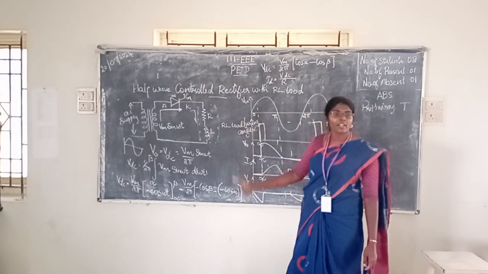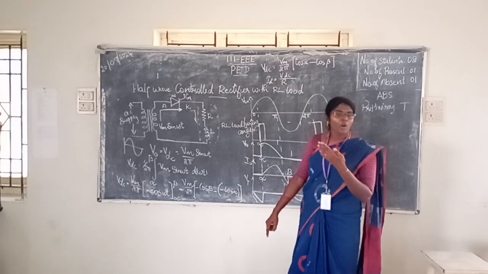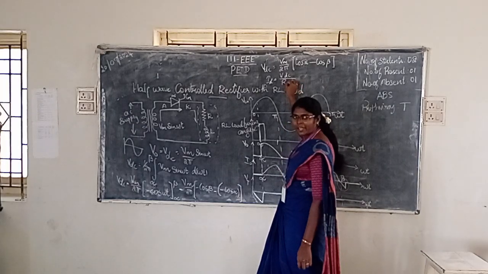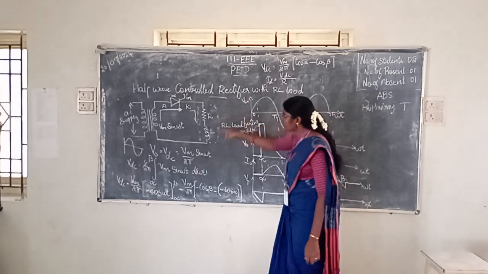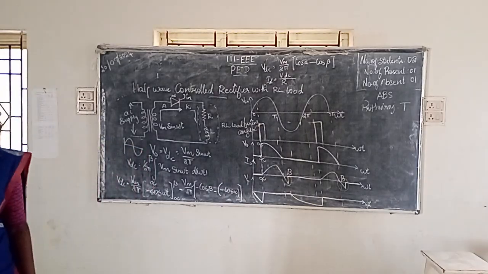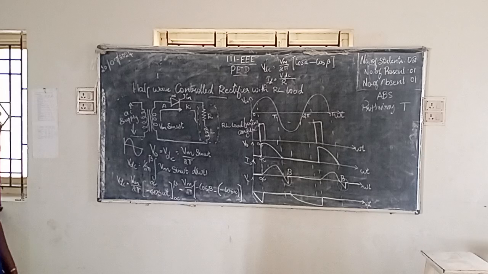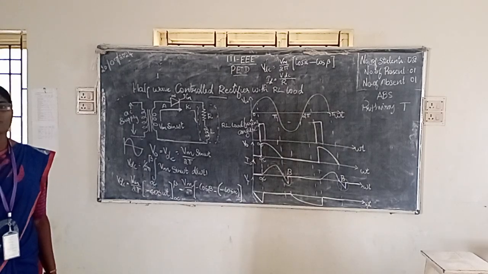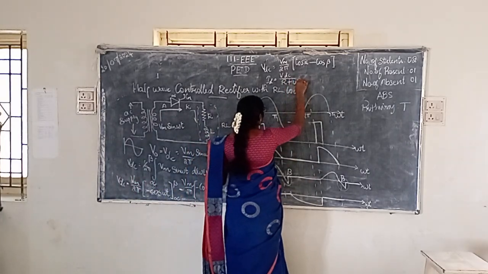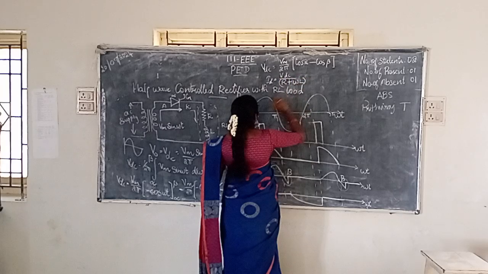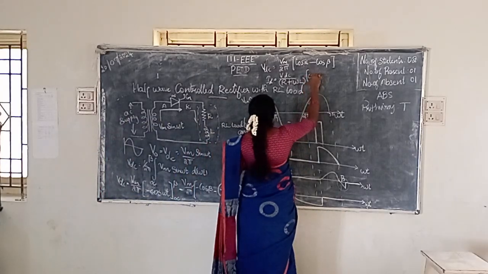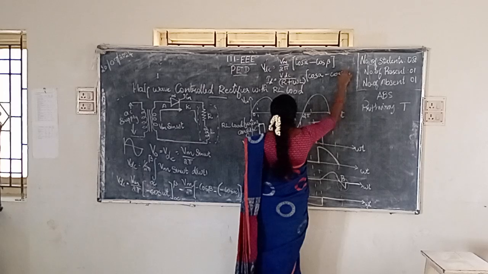In the first half of the rectifier we have seen the resistive load, it is Vm by R. Now for an inductive load, for the RL circuit, it will be R plus, in terms of omega L, that is XL, into cos alpha minus cos beta.